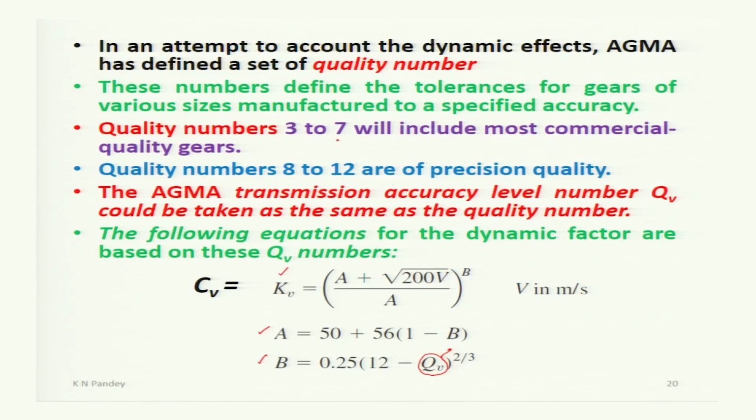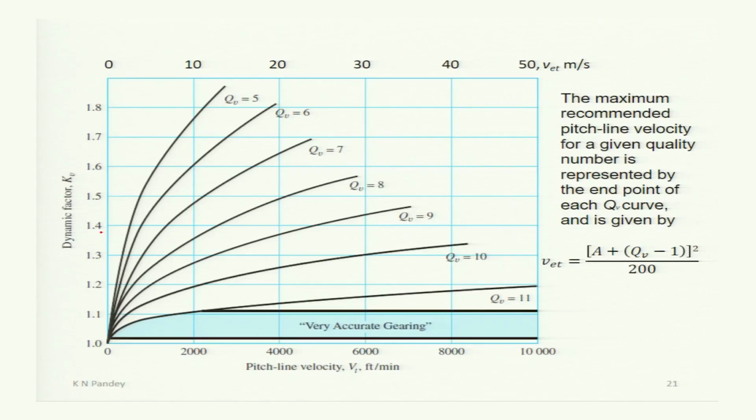The quality numbers 3 to 7 will include most commercial quality gears, and quality numbers 8 to 12 are of precision quality. So, from this figure you can also get the value of Kv knowing the quality number of the gear and the pitch line velocity in meters per second.